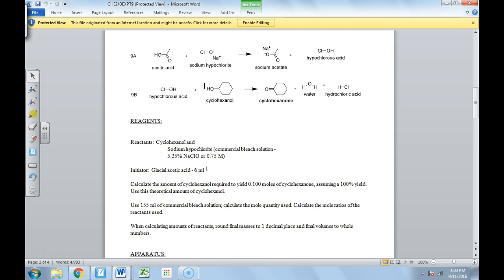Cyclohexanol is an organic compound and can be an irritant. It smells kind of bad, so just be careful of that. There are no overwhelming safety concerns with it, but as always, be careful. And then cyclohexanone is very similar to cyclohexanol. So keep in mind that you're going to get a liquid here.